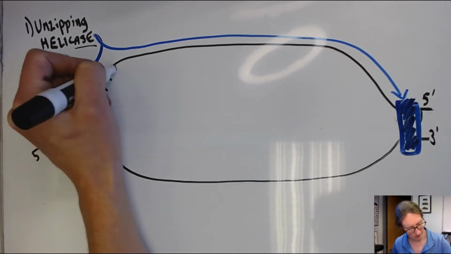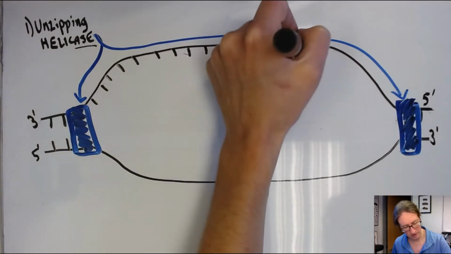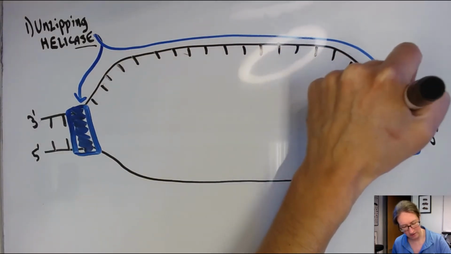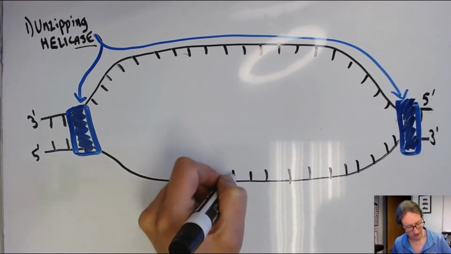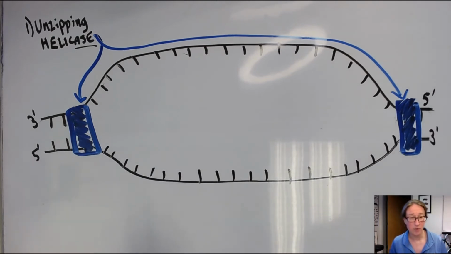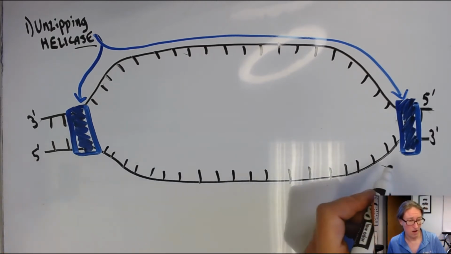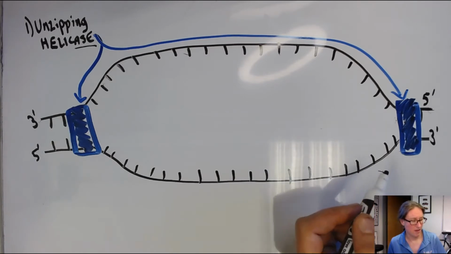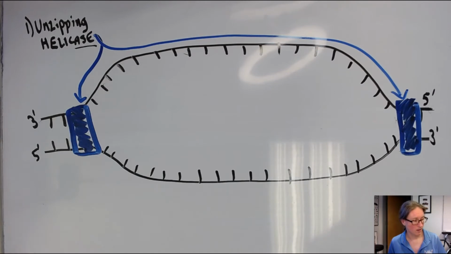So now what that's done is it has exposed each of these individual single strands of DNA. But now I hope you remember that the carbon phosphate backbone on a piece of DNA is polar, so it's going to interact nicely with water.